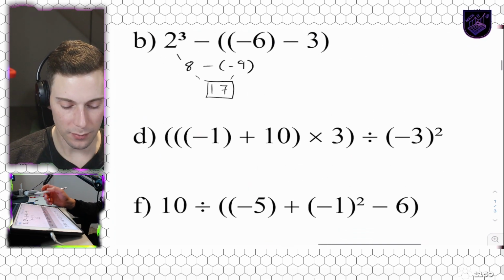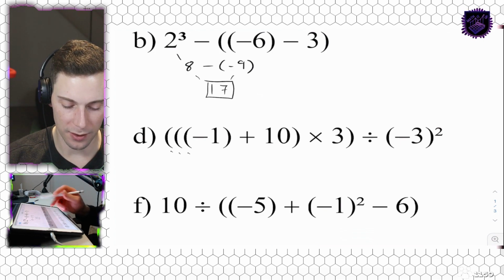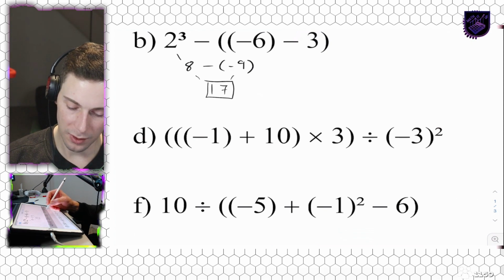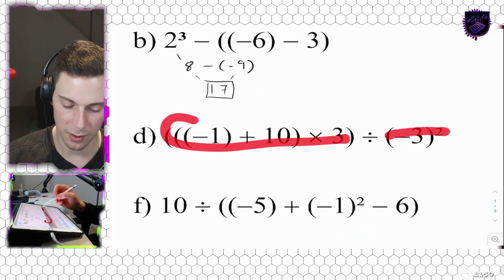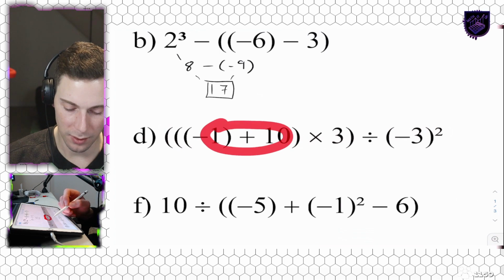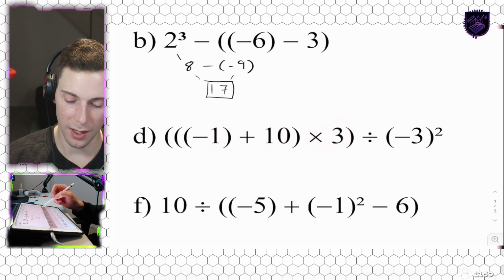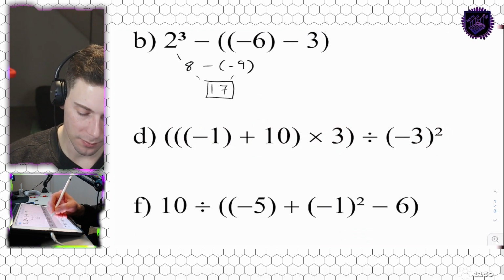Okay, D. So we have triple parentheses here. One is just symbolizing a negative, but this step we can do because it's outside over here. So I'm going to skip this first. I'm going to do this one and then this one. And then after that, I'll do the answer times this one. And finally, I'll do that at the end. Oh, there's no room for all of this. I'll do small. So we have -1 plus 10 right here. This is going to be 9.